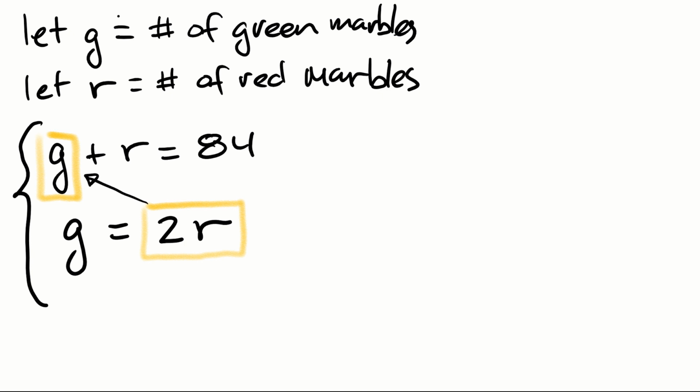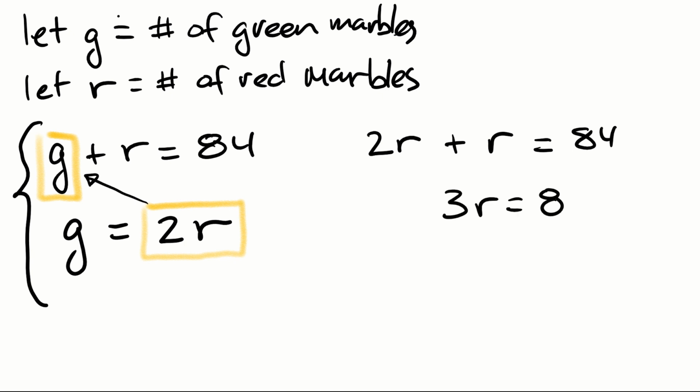So this first equation is going to become 2r, which is the g, plus r, which is the number of red marbles, equals 84. So that means that 3r equals 84. And if I divide both sides by 3, I'm very pleased that it goes in evenly and gives me that r is going to equal 84 over 3, which is the number 28.